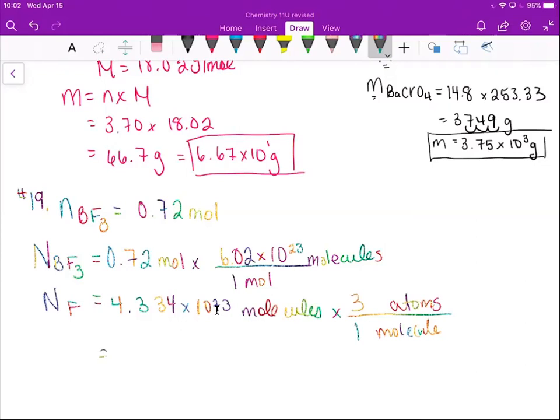Makes sense, right? So if you have 4.334 times 10 to the 23 molecules of boron trifluoride, there are more atoms of fluoride than there are molecules, because the molecule is the bigger entity. The fluoride atoms are the smaller entity.